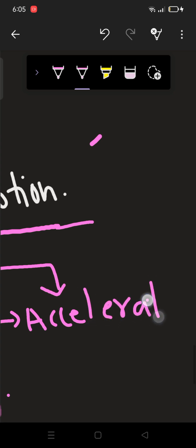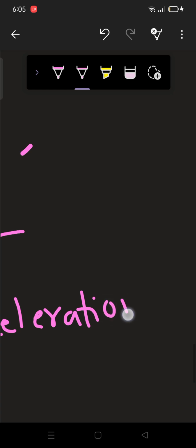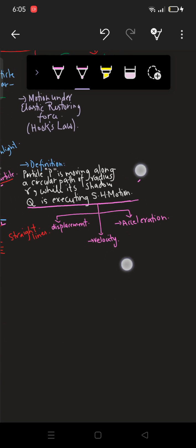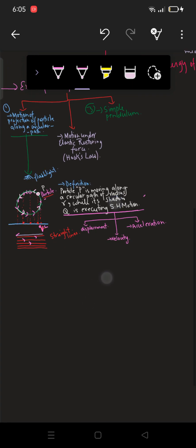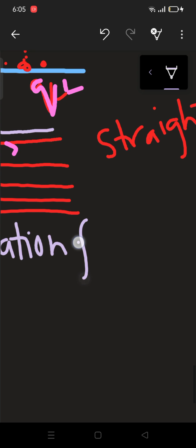The displacement, the velocity, and last but not least, the acceleration. Now see, we'll start with displacement. Let's make the diagram here, or initially let me mention the derivation for the displacement.